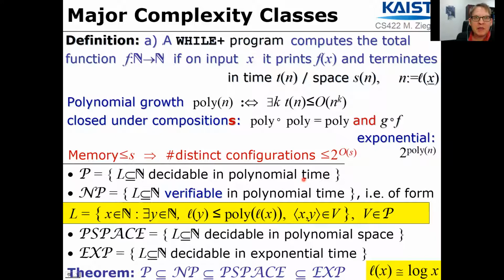And this dummy verifier is indeed obviously polynomial time decidable, because the binary length of the pair x comma y is at least, and at most, polynomial in the binary length of x. It's at least because here we only include something more, namely y, and at most polynomial because by hypothesis y, the way it's considered, although it's later ignored, is polynomial in the binary length of x.